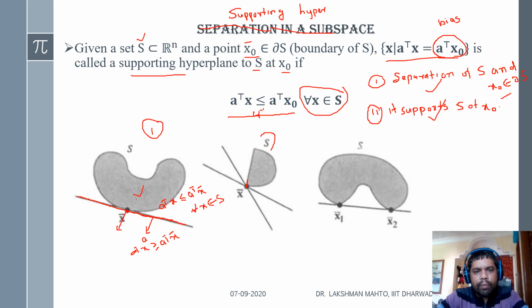But if you have a boundary point which is not on the smooth boundary, then you will get more than one supporting hyperplane. This one is one supporting hyperplane. You can observe that this is another supporting hyperplane. Likewise, you can define infinitely many supporting hyperplanes at this point.